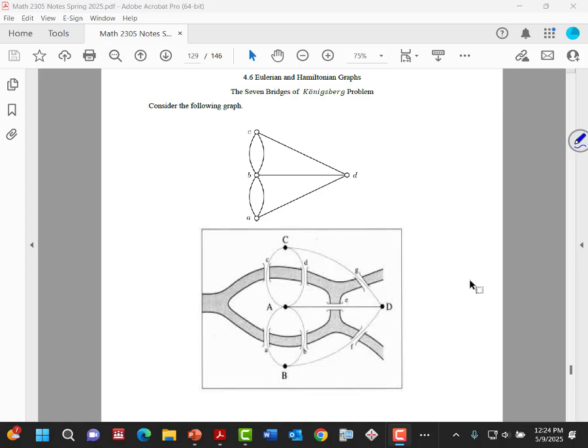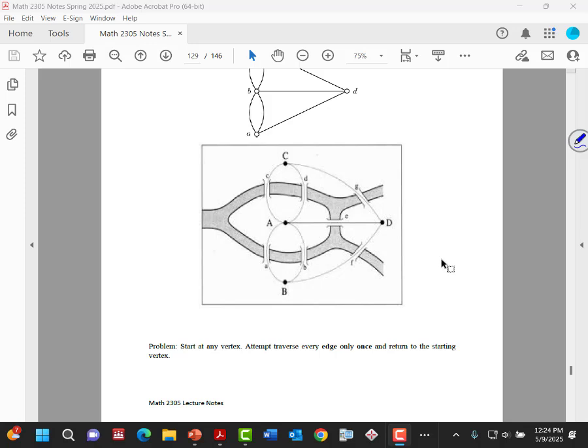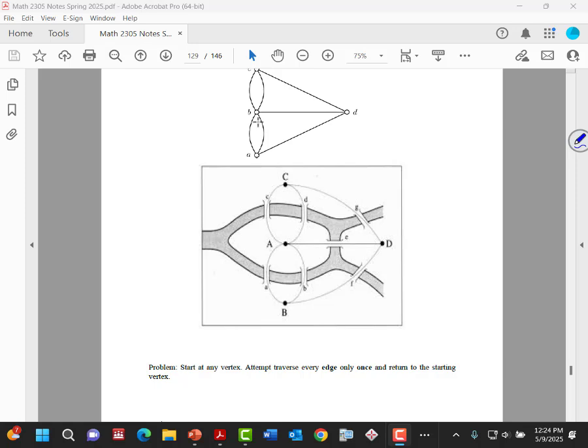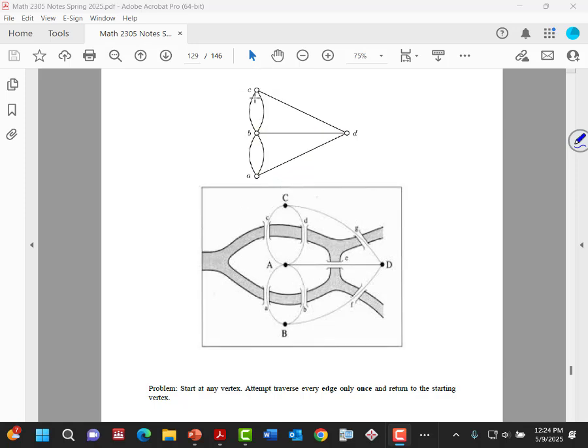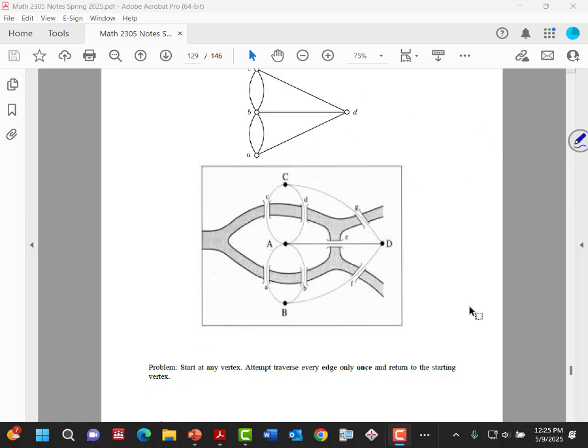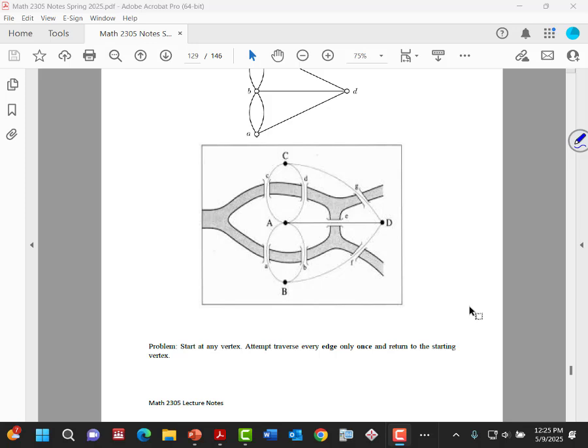And what Euler was interested in is, is it possible to start at any vertex, and in this instance, the vertices A, B, C, and D are just land masses, okay?